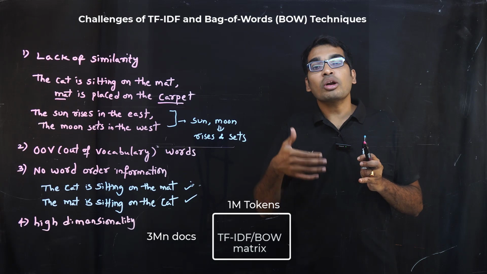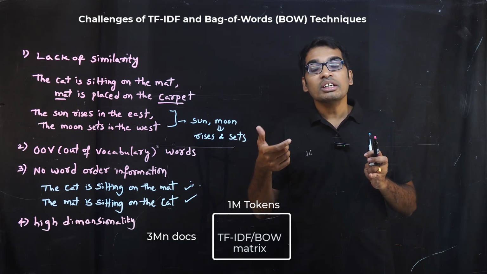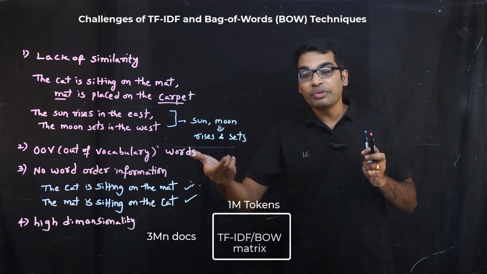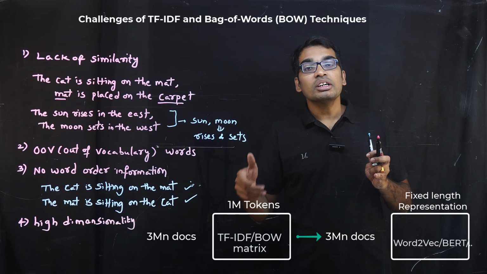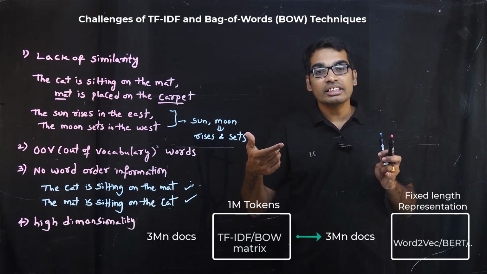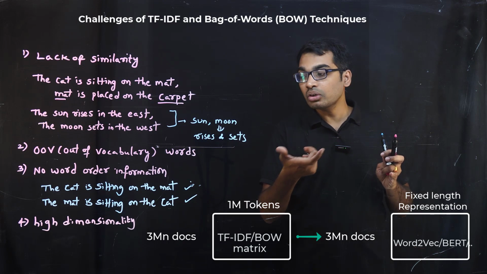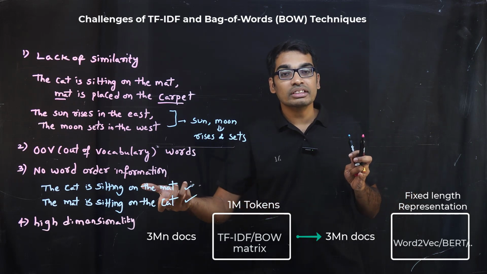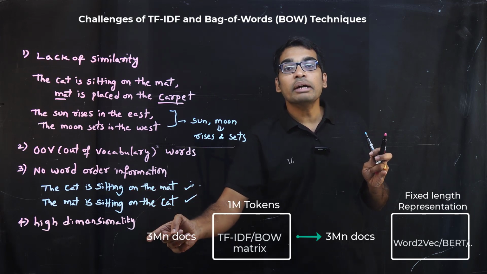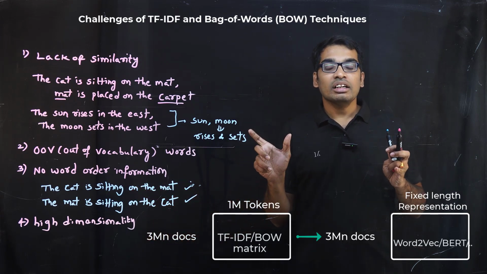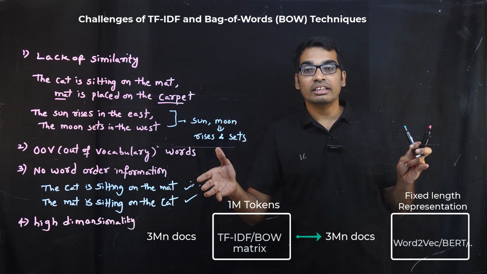But we need to normalize this dimensionality. By normalization, I mean every word can be represented in a fixed-dimensional vector. Soon we will study how to represent a word with a fixed-dimensional length. But with the methods we have learned so far using TF-IDF or bag-of-words, the dimensionality is still high. It depends on the vocabulary size, and that is what we need to consider.